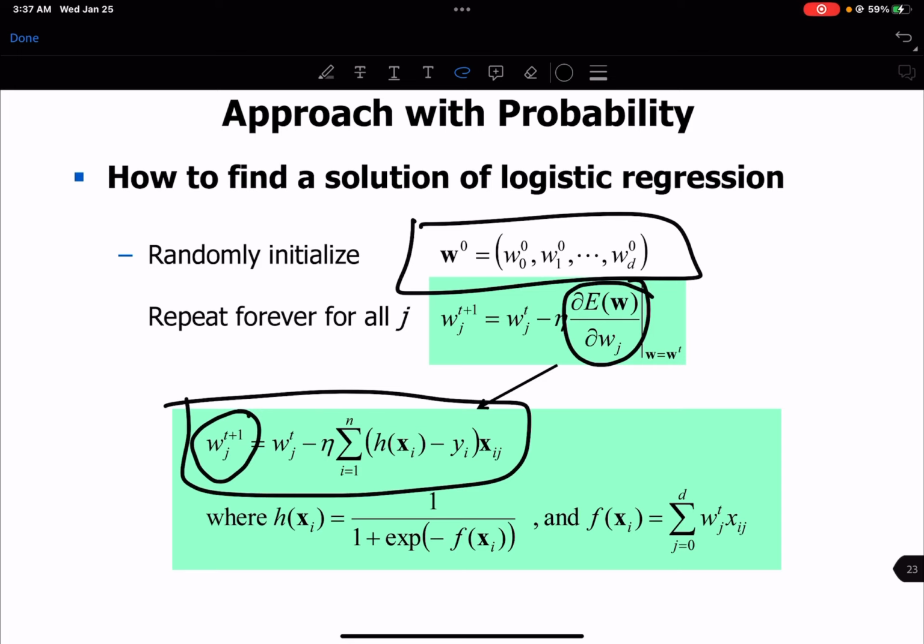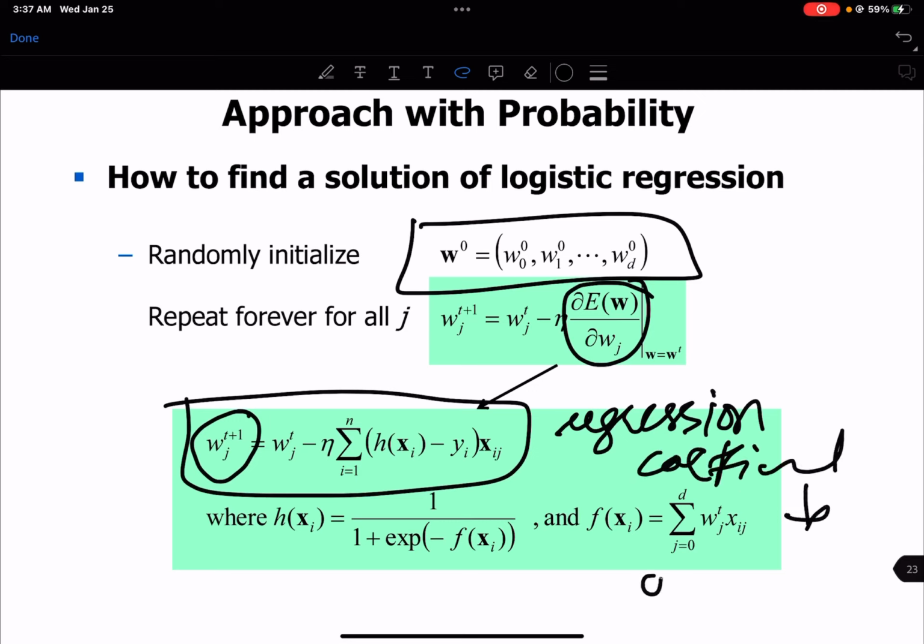So you need to update. Now we are not calling this regression coefficient, we are going to call this weight values. From now on we are going to call them weight values.